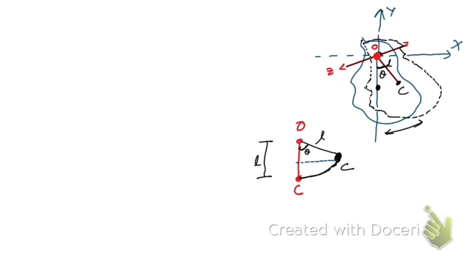If this is theta, then we can consider this one as the base, and this is the hypotenuse, because the side opposite to the right angle is the hypotenuse. Applying trigonometry, let me take this as O, this as B, and this as C. From this triangle, in order to find OB, let me take cos theta, which is base BO by OC. So BO will be equal to OC times cos theta.